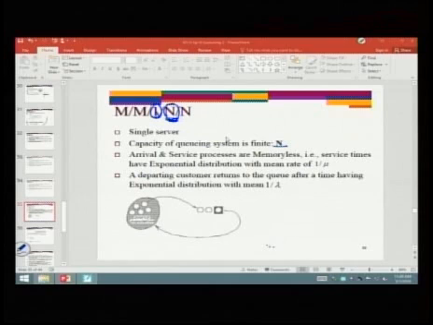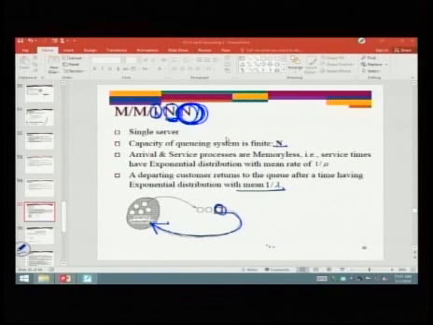And in this case, each customer, after being served, returns to the source population for a length of time having the exponential distribution with mean of 1 over lambda, okay? So in this case, the source population is also restricted to the number of N, because the fifth characteristic is equal to N. Okay?